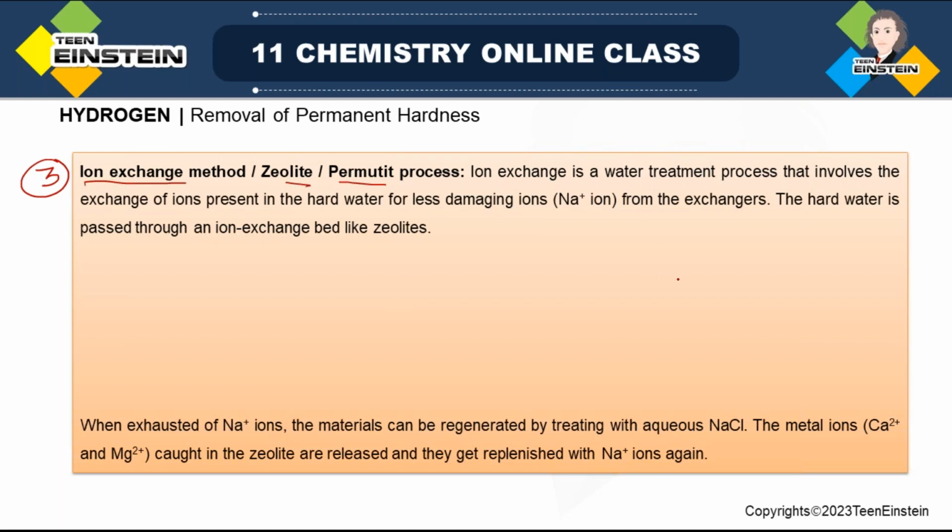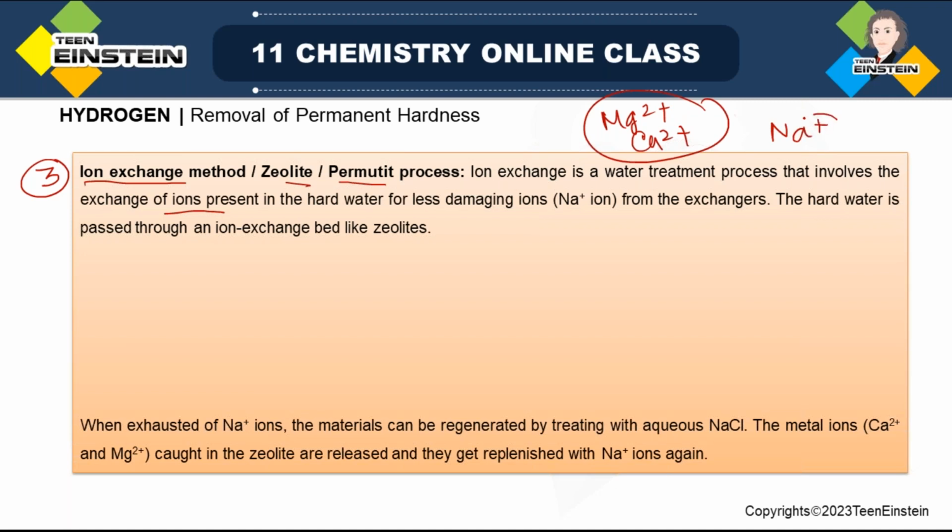So this is a treatment that involves exchange of ions. That is why we are calling it ion exchange. And for this exchange of ions, we are using zeolite. That is why it is also known as zeolite process. So what type of exchanges is occurring here? Here Mg2+ and Ca2+ will be replaced by Na+.